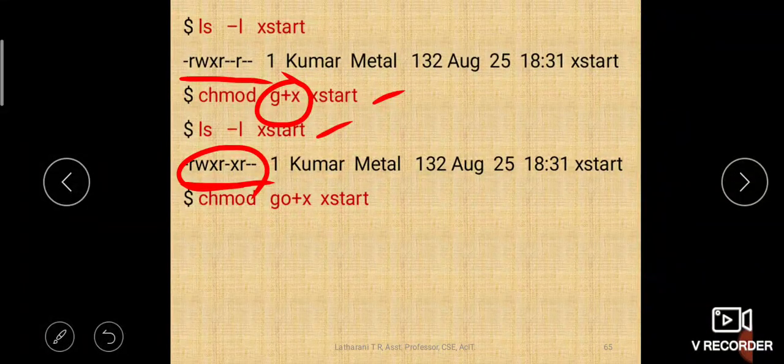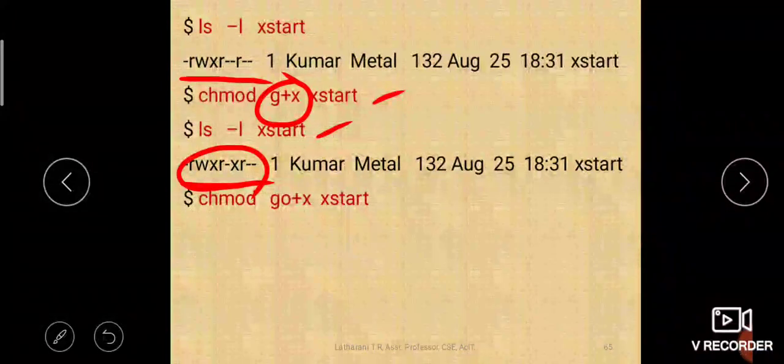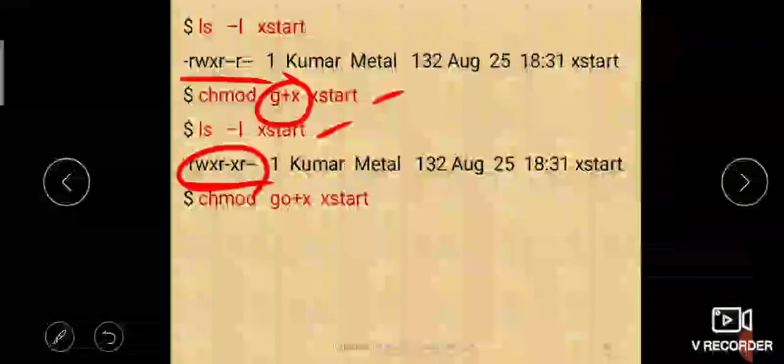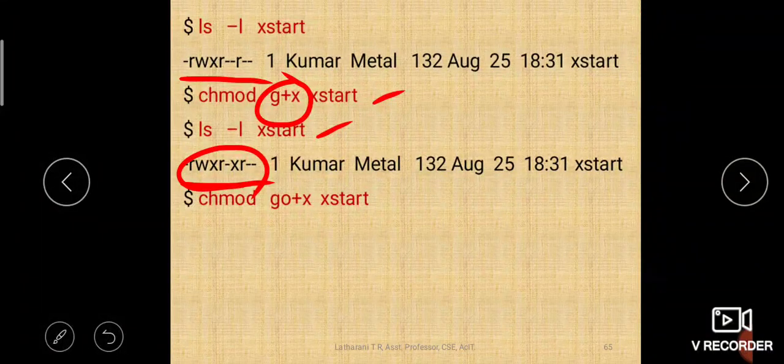That is relative mode of changing permission. Only the execution permission of the group we changed, but the rest of the permissions for user or for others we have not changed, so they remain the same.